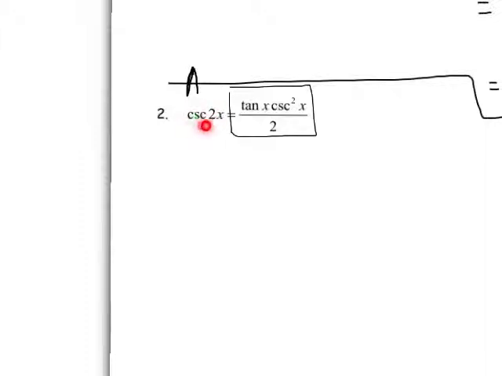Cosecant doesn't really have a double argument, but since cosecant is sine's reciprocal, we can rewrite that as 1 over sine of 2x. And then I see that's going to be 1 over 2 sine x cosine x. And that's how we're going to be able to get to the final answer.